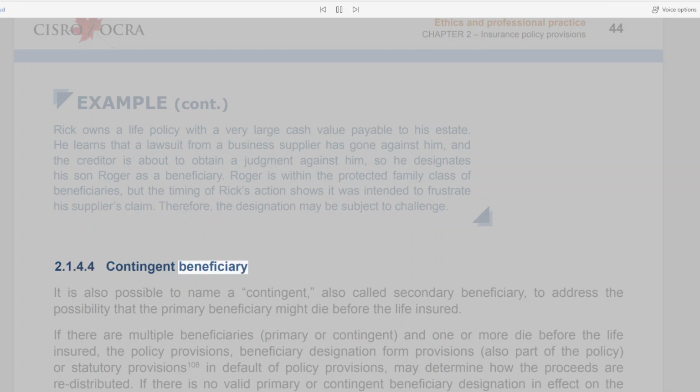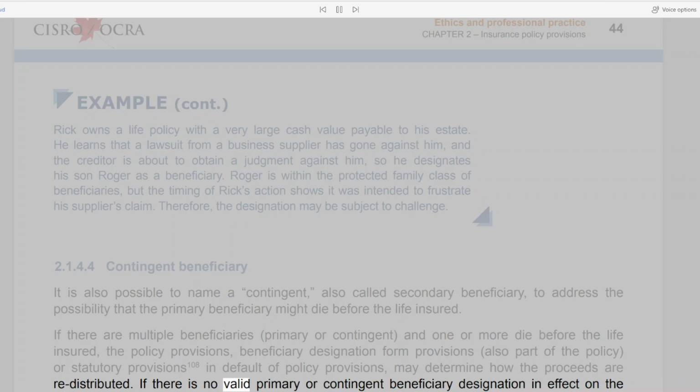2.1.4. For contingent beneficiary. It is also possible to name a contingent, also called secondary beneficiary, to address the possibility that the primary beneficiary might die before the life insured. If there are multiple beneficiaries, primary or contingent, and one or more die before the life insured, the policy provisions, beneficiary designation form provisions, also part of the policy, or statutory provisions 108 in default of policy provisions, may determine how the proceeds are redistributed.